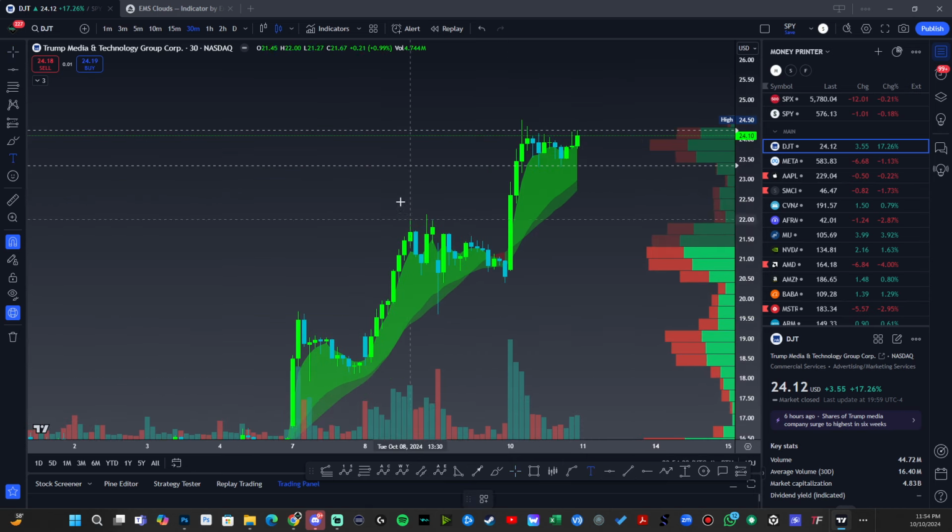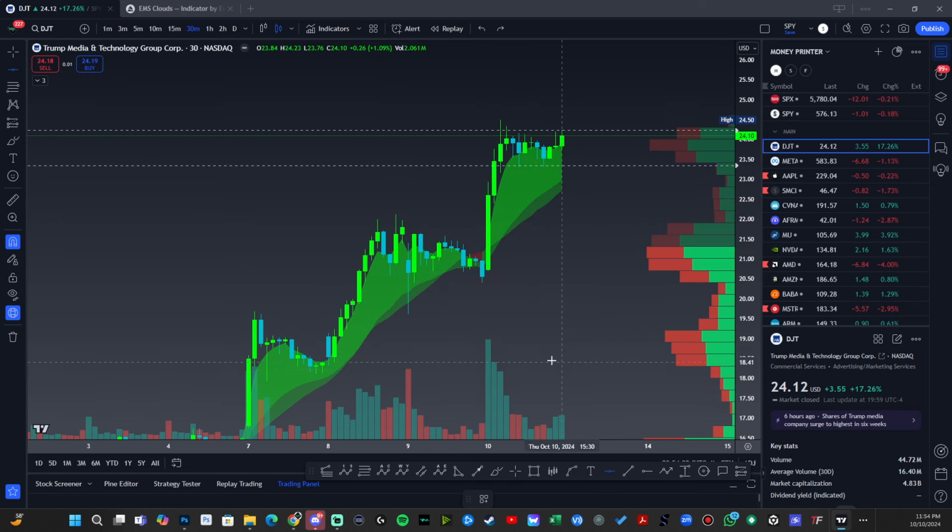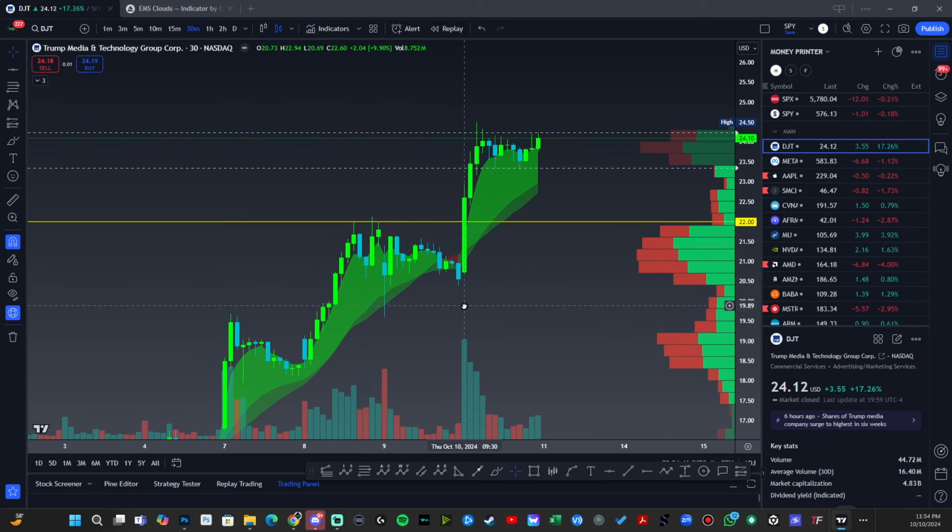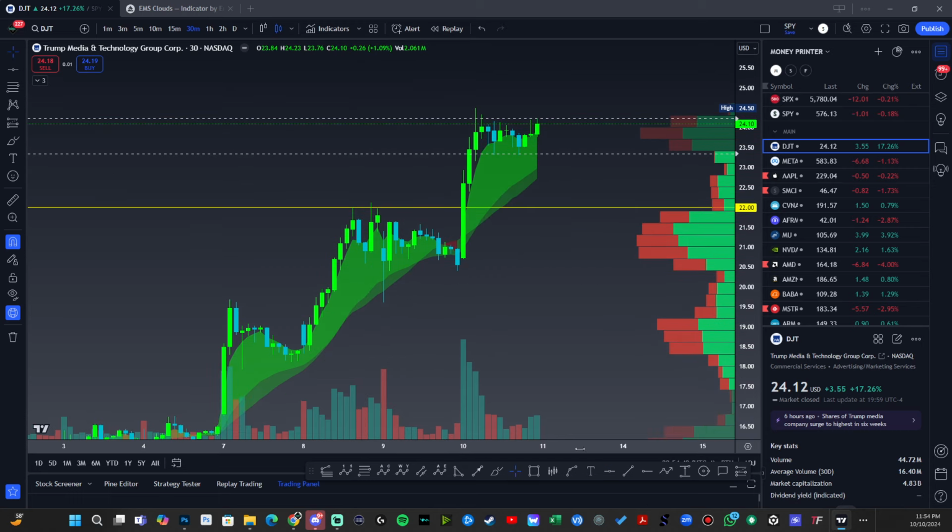First you want to draw out the resistance points horizontally. I always like to draw the high. I like to draw the support below, or the previous resistance, because if we come down here, it's most likely that this level right here is going to act as a support if we drop down here.